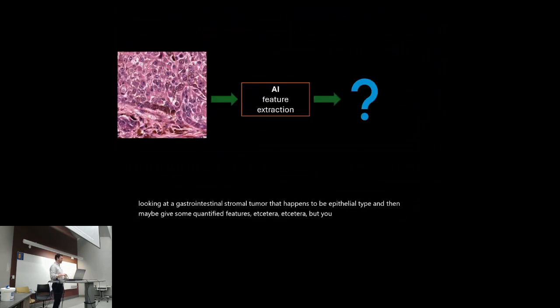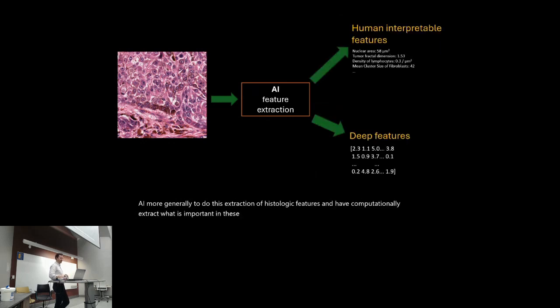But we're at this bioinformatics conference, and I think what we all really care about is how we can do this in an automated fashion. Today in 2024, we have a couple of different options for using AI more generally to do this extraction of histologic features and computationally extract what is important in these histology images.